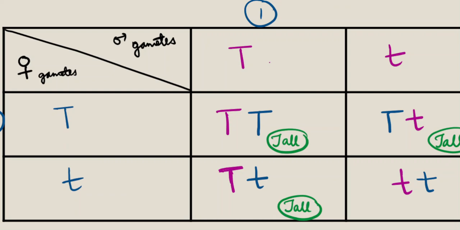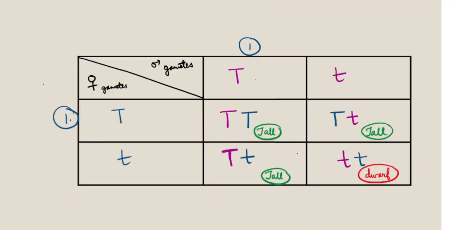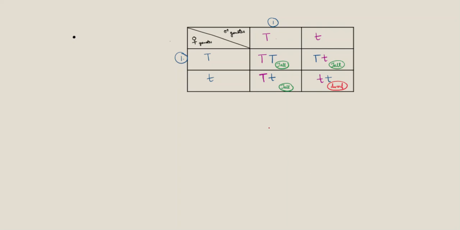And homozygous dwarf is like this, dwarf height, means short height. So if you count, 1 plus 1 plus 1, 3 are tall height, and you get 1 as dwarf height.